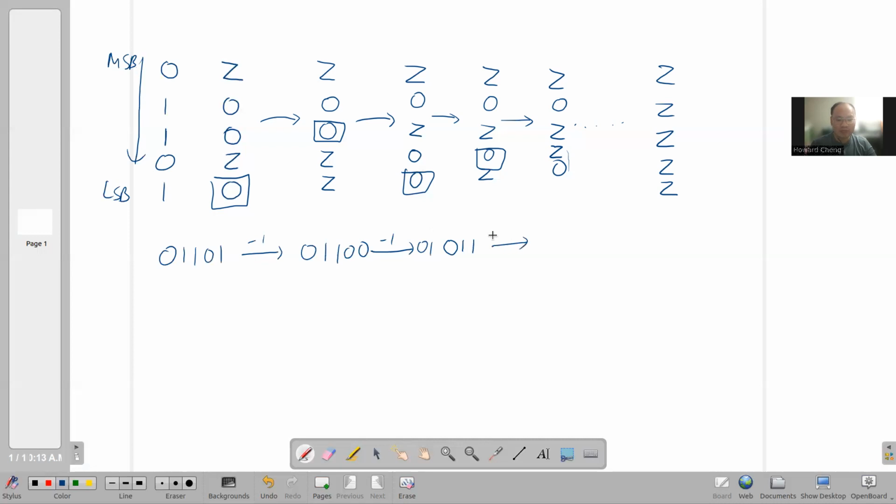So if you recognize that actually all these operations are just minus 1, minus 1, and eventually you're going to reach 0, then the number of steps it takes to go from the beginning all the way to 0 is exactly the binary value of this thing. In this case, it is 8 plus 4 plus 1, which is 13. So you actually don't need to simulate this at all. All you have to do is figure out the binary value of this thing.